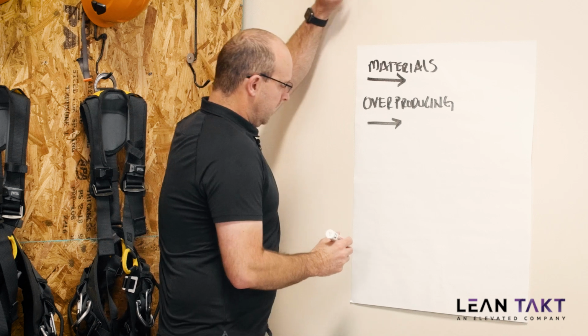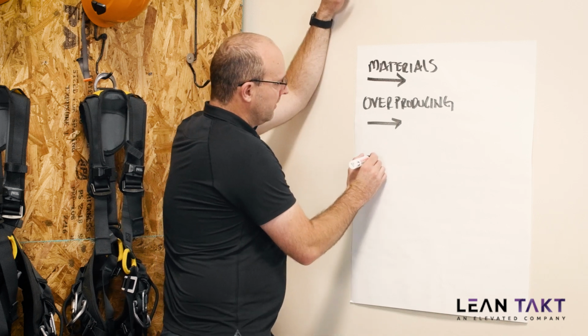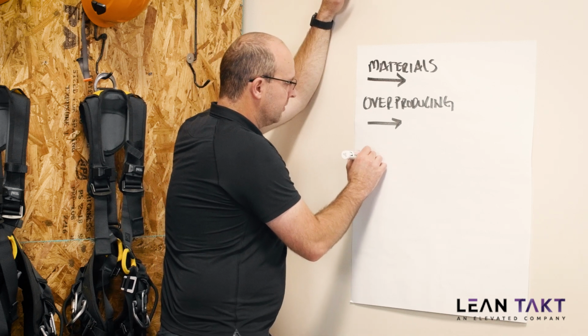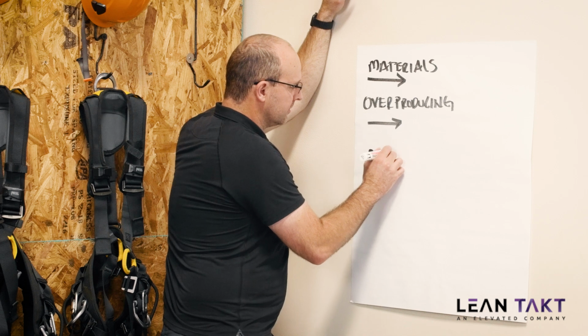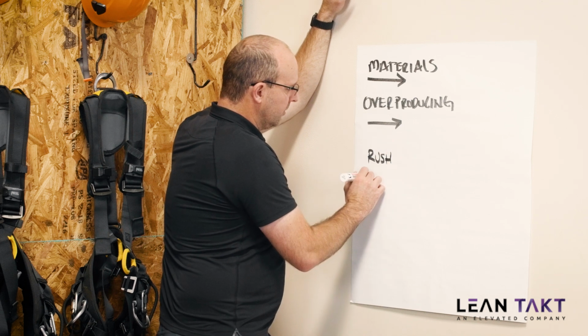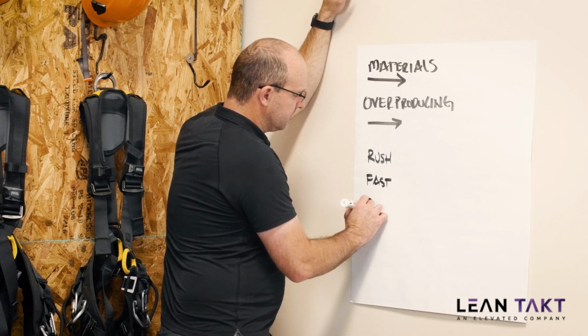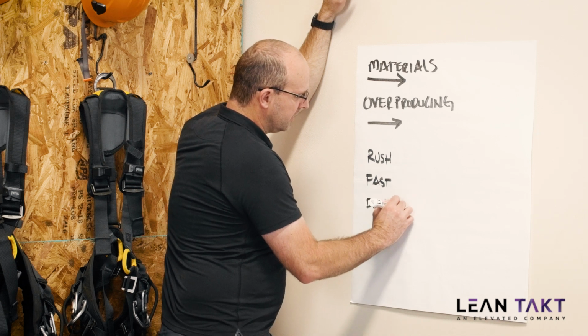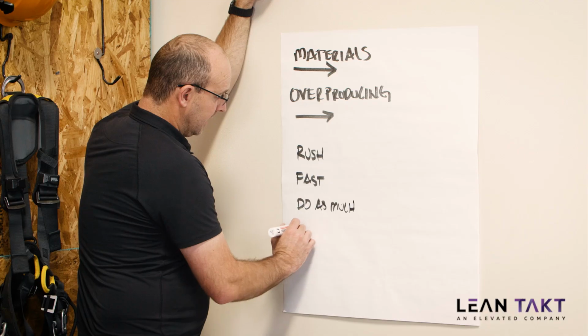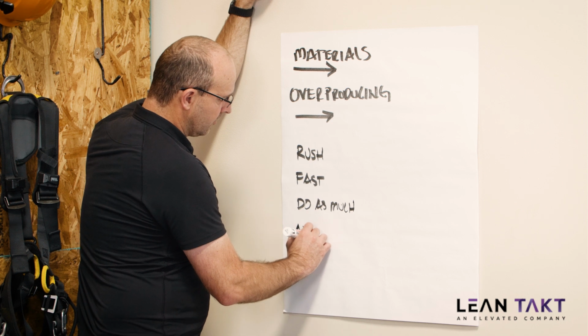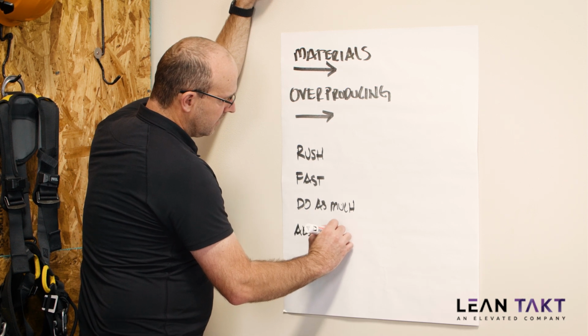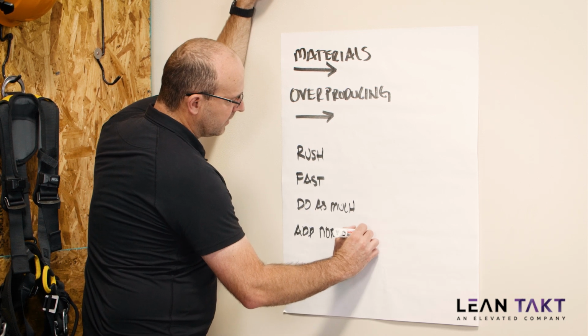We have been taught that if you want to go fast, you rush and push and panic workers, that you make workers work fast, and that you should do as much work as possible. And that if you add more resources, you will have more production.